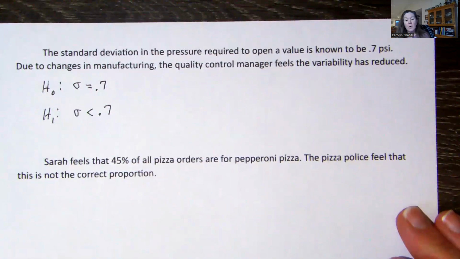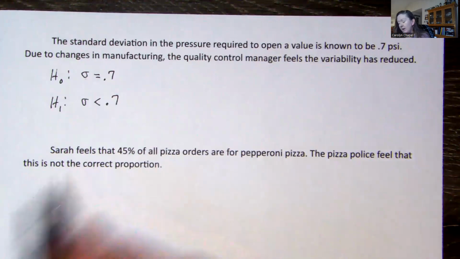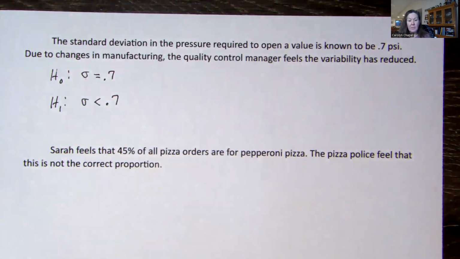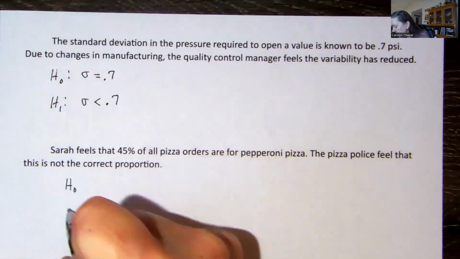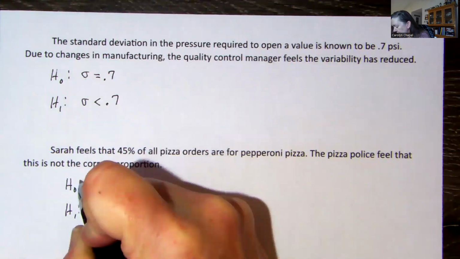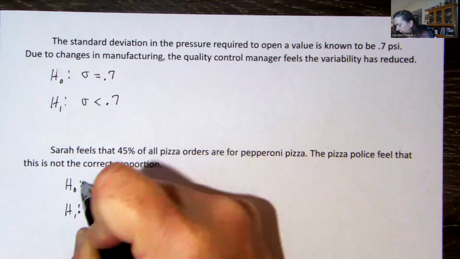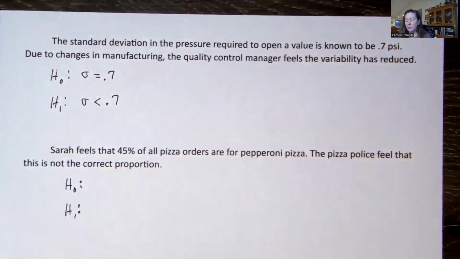Okay, we're going to do one more. Sarah feels that 45% of all pizza orders are for pepperoni pizza. So again, H0 and H1. Other textbooks do use an A instead of the 1. Again, it's just notation from one person to another. I don't think there's any magic to it.